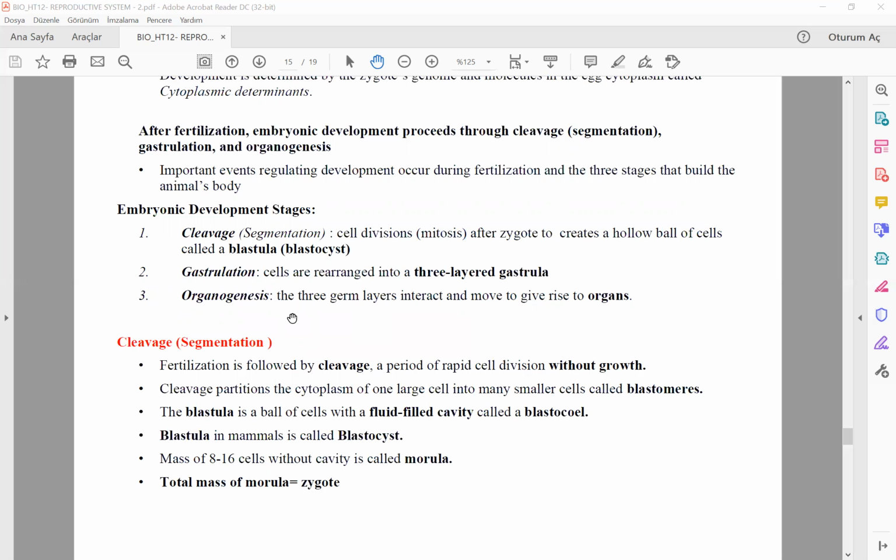We call this stage gastrulation, and a three-layer gastrula forms in the gastrulation stage. At the end of this stage organogenesis starts, and these three layers are endoderm, ectoderm, and mesoderm. All the organs arise from these three germ layers.